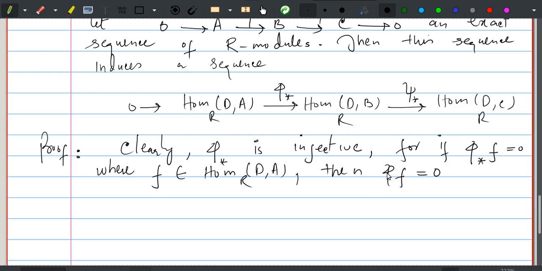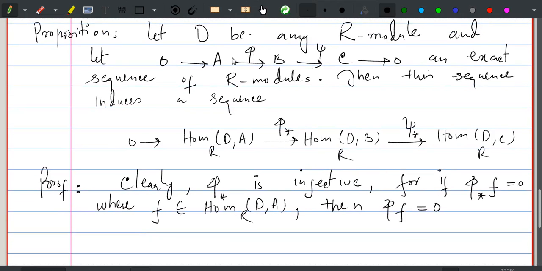Now phi is this map here from A to B, and since 0 is going in, that means phi is injective. If phi is injective, then phi of x equal to 0 implies x is equal to 0. Similarly, phi of F equal to 0 means F is 0 because phi is injective.